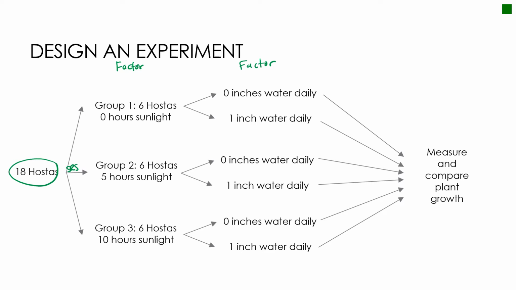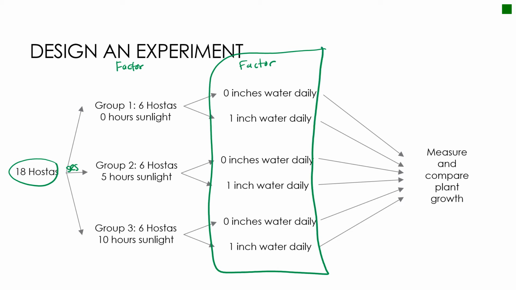So I chose to do the hours of sunlight first. If you would have just broken this into 2 groups, 9 in each group, and did water first, and then broke it into smaller groups by hours of sunlight, that's exactly the same thing, because the 6 treatment levels are going to be whatever happens in the second column.